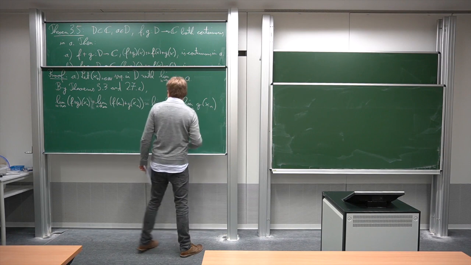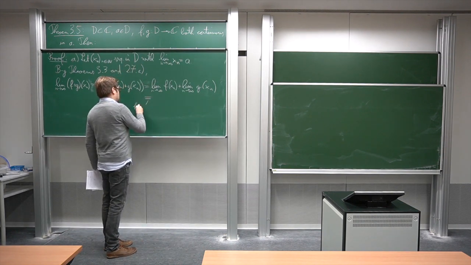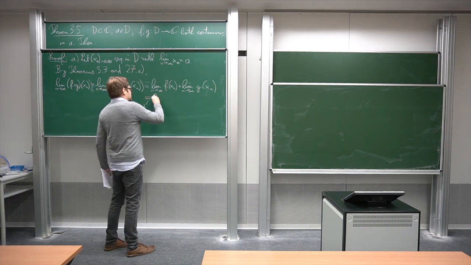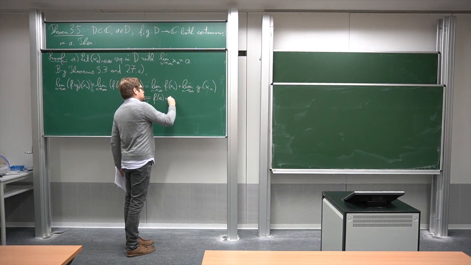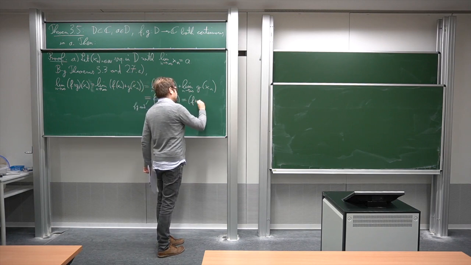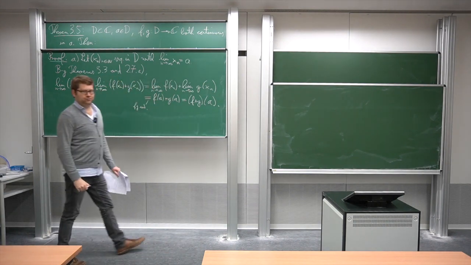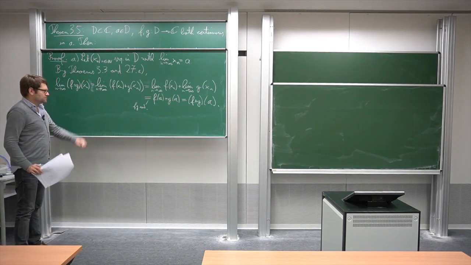And since f and g are continuous, this is just f of a plus g of a. And this is just writing this in for our fancy function, f plus g of a. This is what we needed to show.